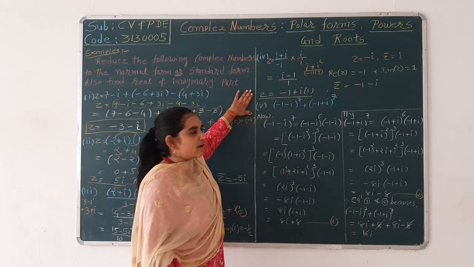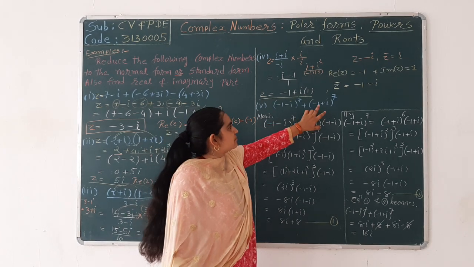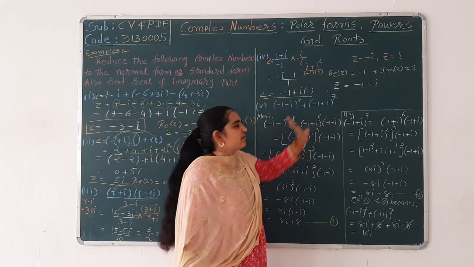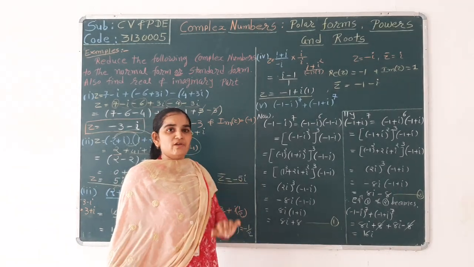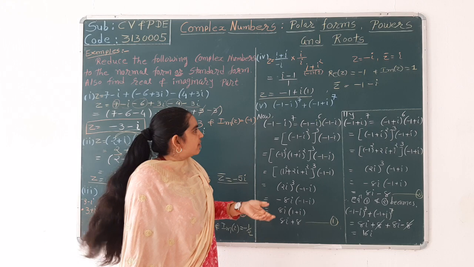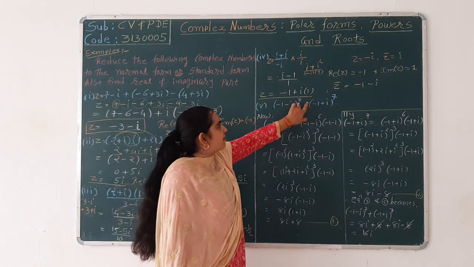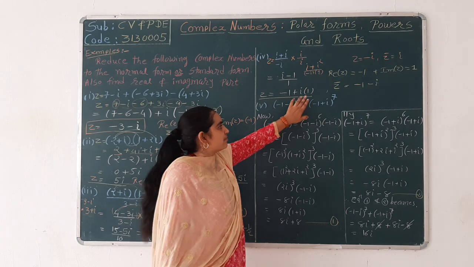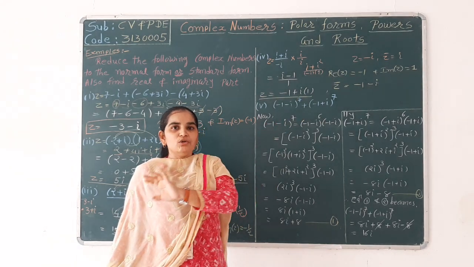Same as the next example: minus 1 minus I raised to 7 plus minus 1 plus I raised to 7. We know a plus b whole square, a minus b whole square, a plus b whole cube, a minus b whole cube, etc. Here the power of this term is 7. We know that x raised to 7 we can write as x raised to 6 into x.